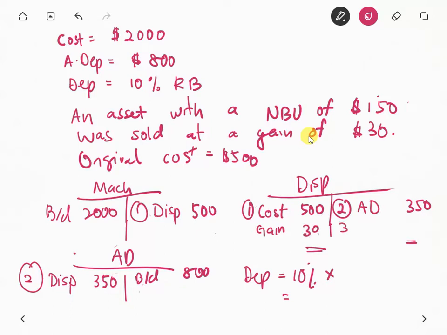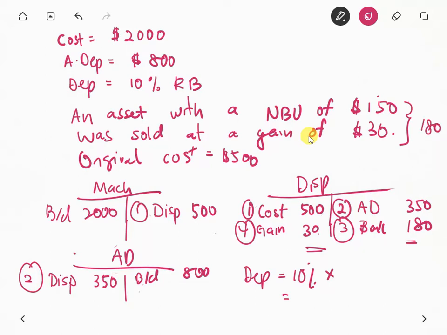So what is my amount received? 5318. Is it 18? Yes, or you can get it from here. Net book value 15 and I make a gain, means I sell above 15. Okay, I sell 180.